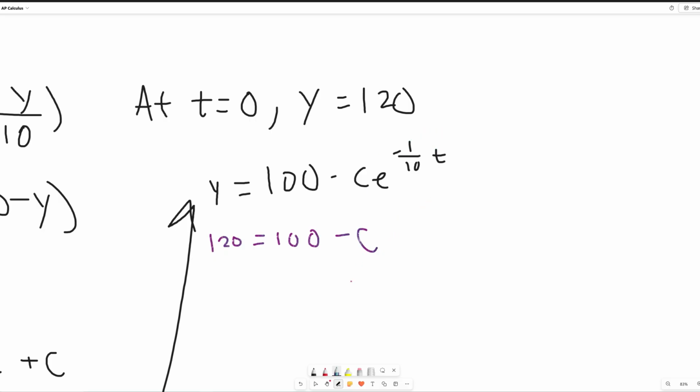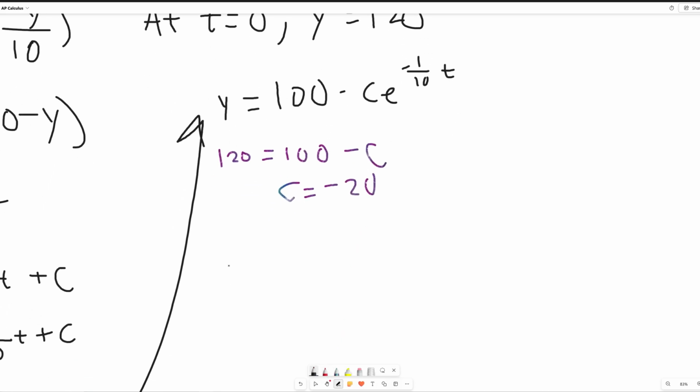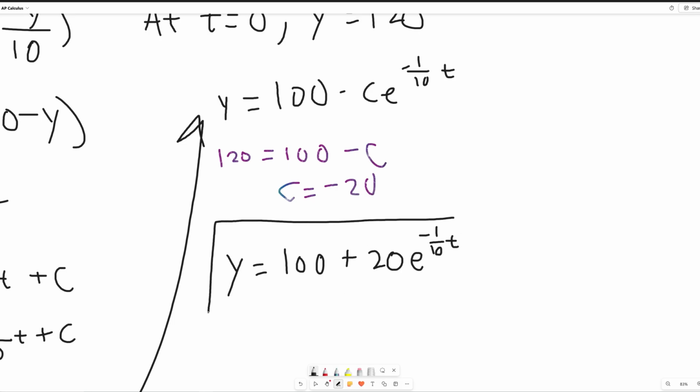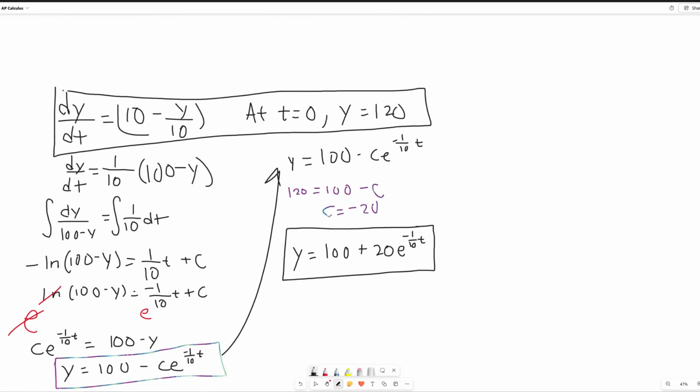So it's 100 minus c. Therefore, c equals negative 20. And then our final solution is y equals 100 plus 20 e to the negative 1/10 t. This is our specific solution for this scenario.